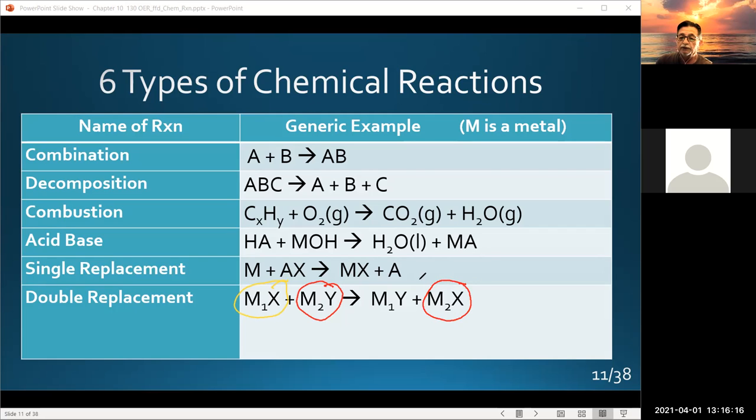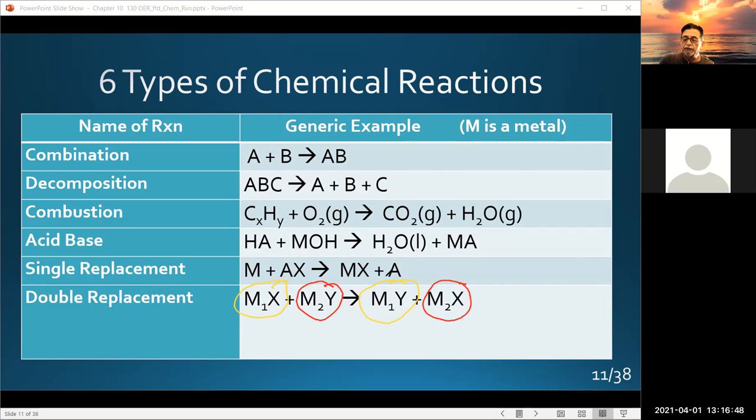Let me make sure I got all the colors correct so we can make sure we're dealing with the right ones. Now, to determine whether a reaction proceeds, we look at the products. We don't care about the reactants because we know the reactants are soluble. It is the products. Now, the M1Y versus the M2X. If both are soluble based on the solubility rules, then we have no reaction.